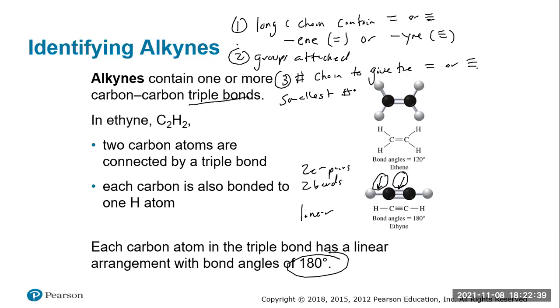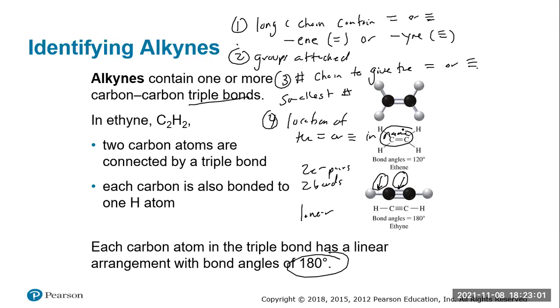We actually do need to give the location of the double bond or triple bond in the name. So much like a group, we have to tell people, hey, at carbon number 2, that is where our double bond or triple bond may be.